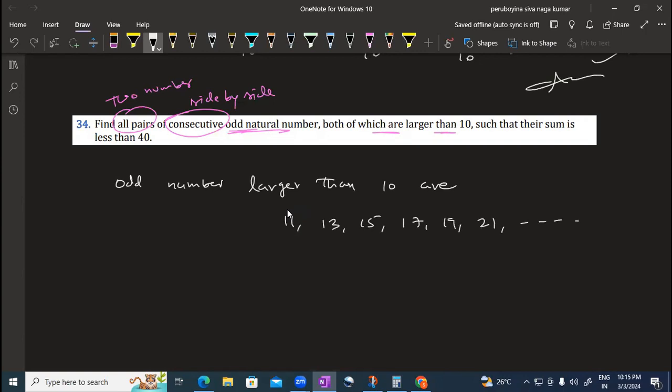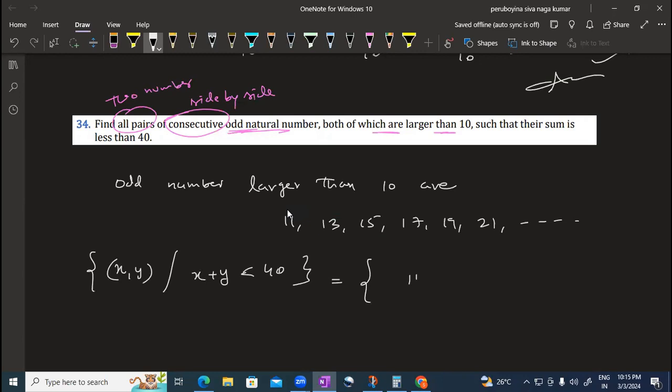These are all larger than 10 and odd numbers such that their sum is less than 40. You have to select an ordered pair x comma y such that x plus y should be less than 40. This kind of set you have to prepare.